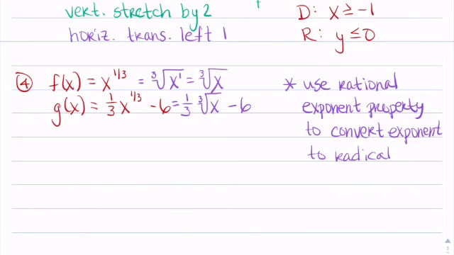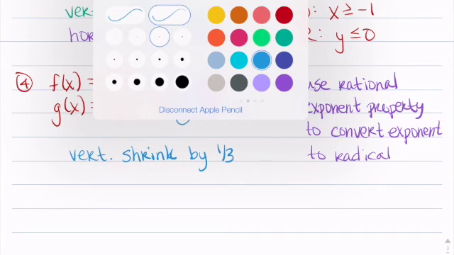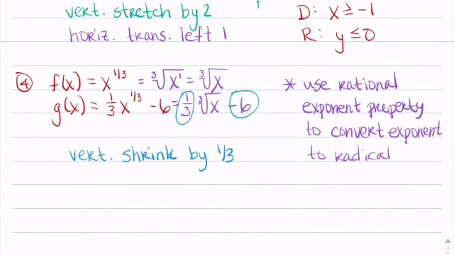All right, so let's take a look at our actual transformations now. We've got a 1/3 out here in front, so it's outside of the radical, so that means it's going to be vertical. When we're vertical, fractions shrink, so we have a shrink by 1/3. And then the other thing that we have done from our parent function is we have this minus 6 outside the radical. It's just kind of hanging out there in the back.